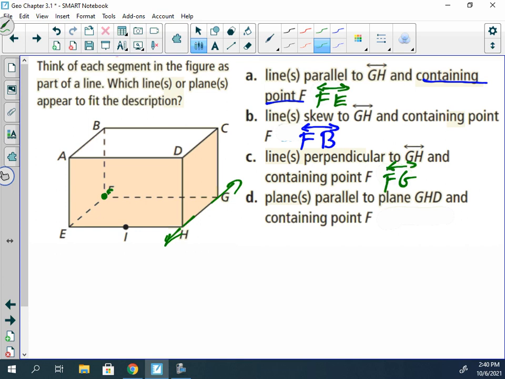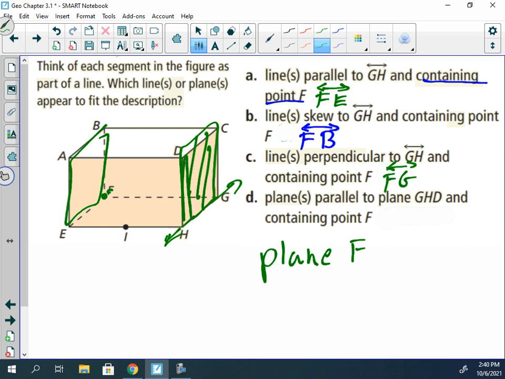Well, plane or planes parallel to GHD and contain point F. So, well, we can say plane F, because GHD is going to be this here, contains point F, would be what? This end over here. So what other two letters could we use?